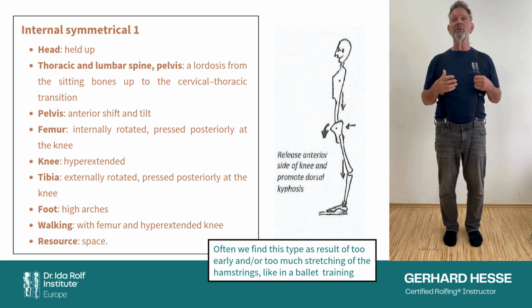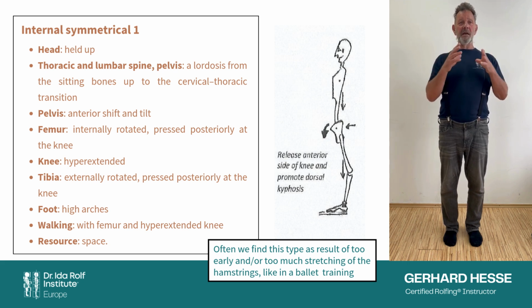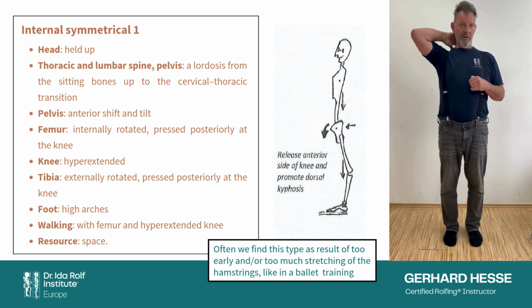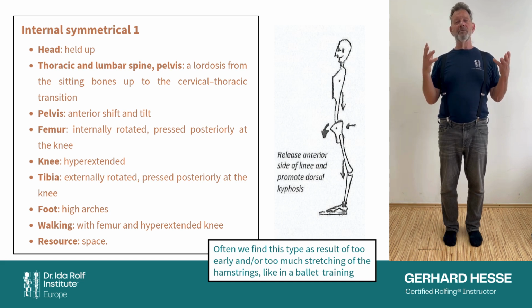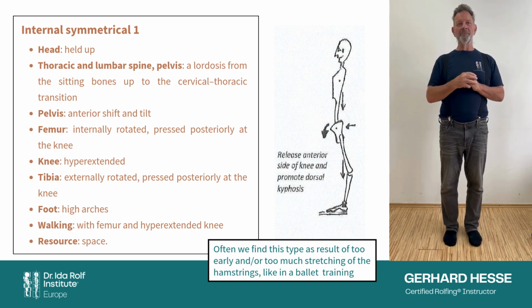Their lordosis goes up the whole spine, even the thoracic lordosis, up to the transition of the neck to the thorax. They have very clear space orientation. Space is everything. They're really going up there.